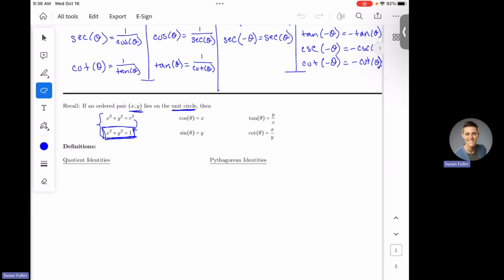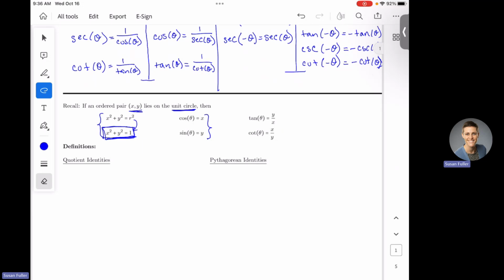We are going to start with our quotient identities, and those come from putting these tangent and cotangent equations together along with the cosine and sine values. So on the unit circle, y is my sine value and x is my cosine value.